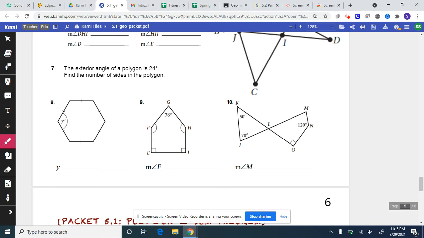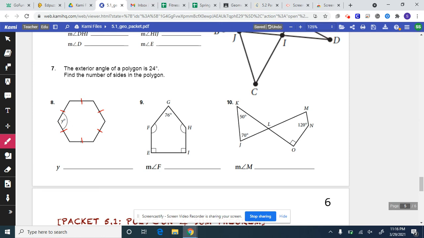For number 7, you're going to have to use exterior angle. For 8 and 9, those are both interior. Number 8 is a regular polygon, which means all the angles are the same. So what you do is you count how many sides there are. 1, 2, 3, 4, 5, 6.